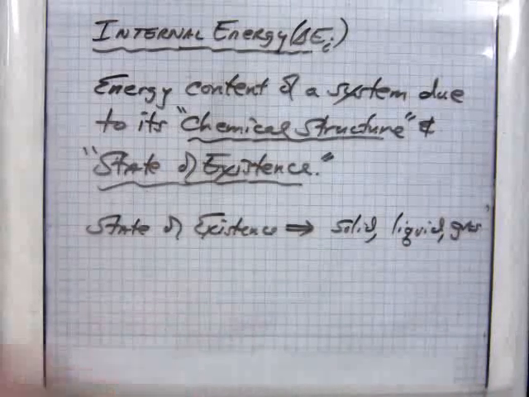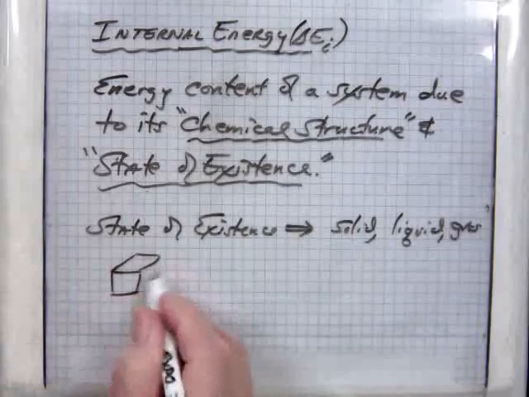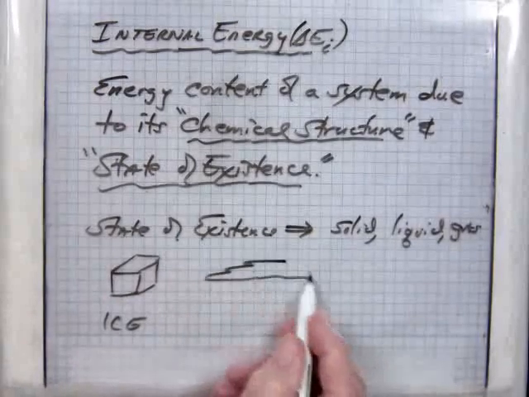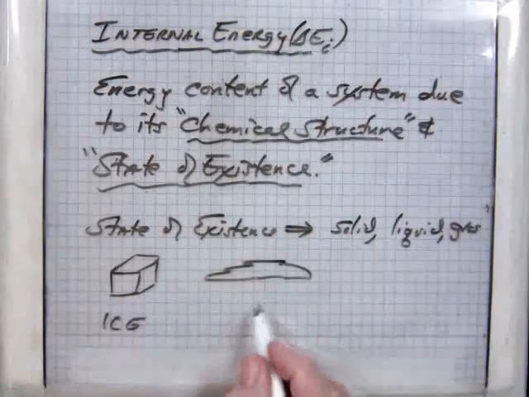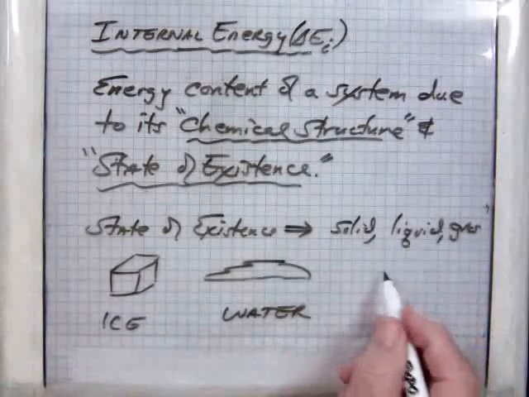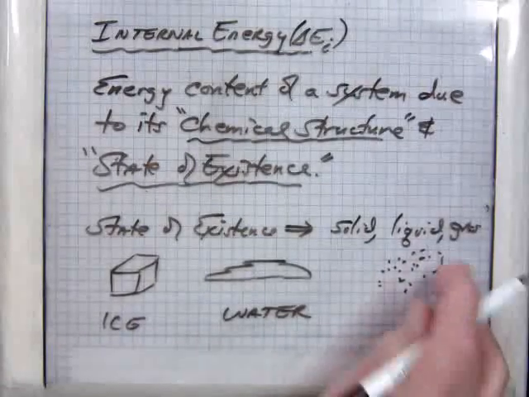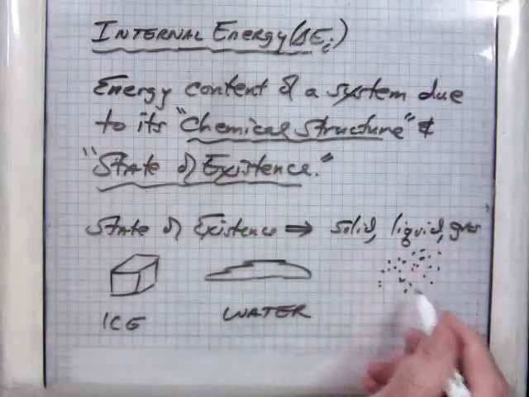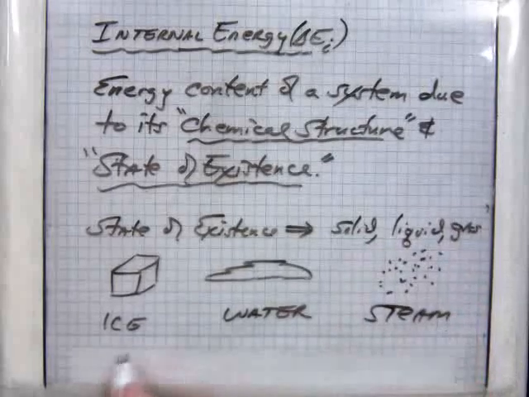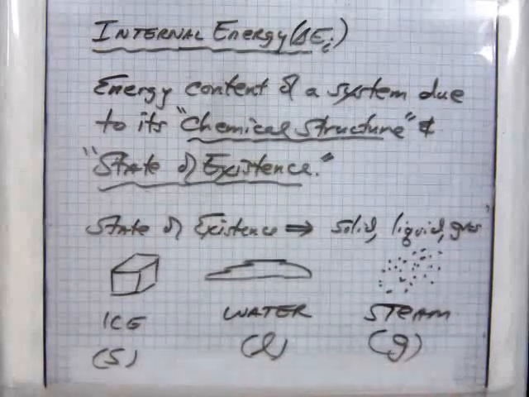And so we can say that if we were talking about ice, say a block of ice, versus a quantity of liquid water, and gas phase steam, this would be solid, liquid, and of course gas.